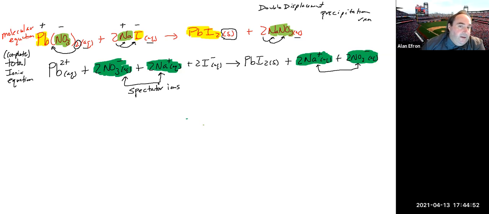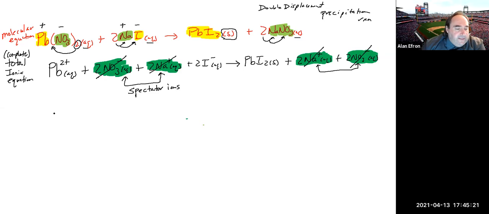You're just sort of watching. What we typically do is cross out those spectator ions on each side. Your spectator ions should probably always cancel out completely. So if you get to this point and you're crossing out your spectator ions and you have different numbers on the left-hand side and the right-hand side, that probably means something's not balanced correctly. So they should probably always cancel out completely.